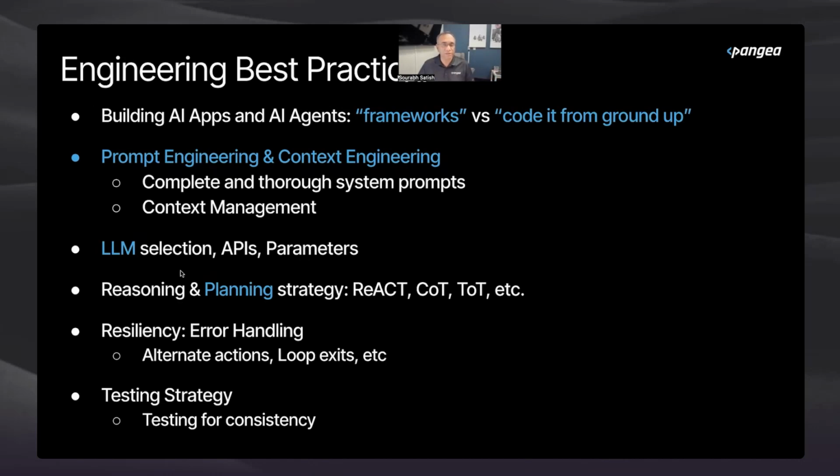Let's look at some of the engineering best practices. When you think about implementing an agent, there are many choices available, all the way from building these AI agents from the ground up, where there's really not too much complicated code, or you can use frameworks like LangChain, Llama Index, and so on.